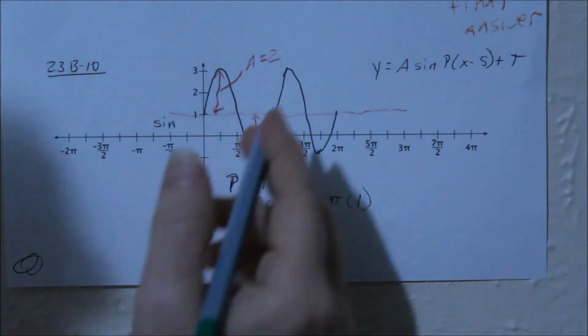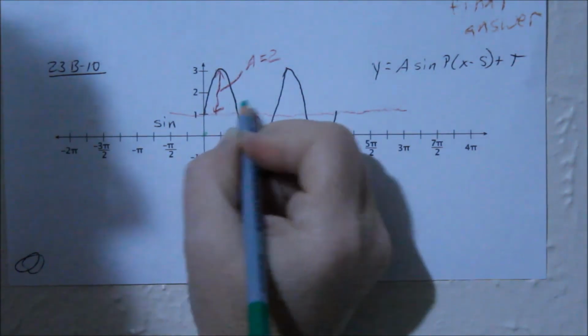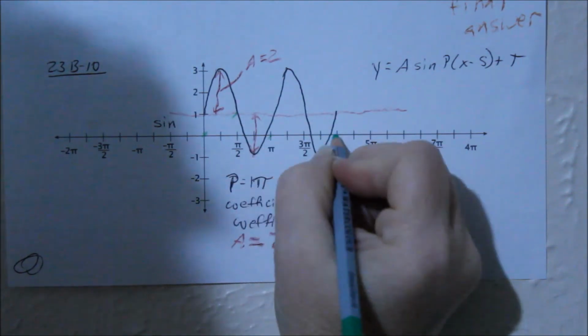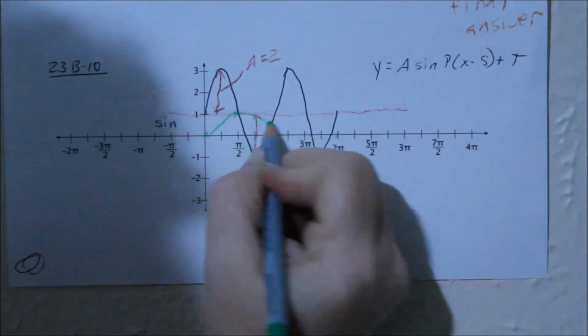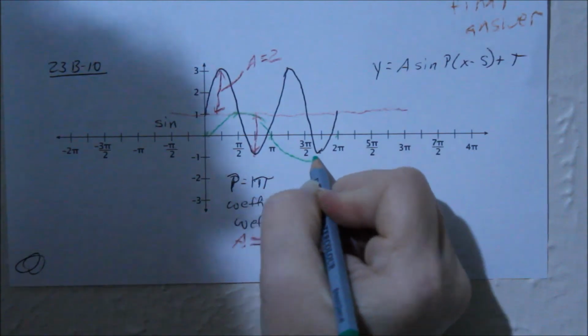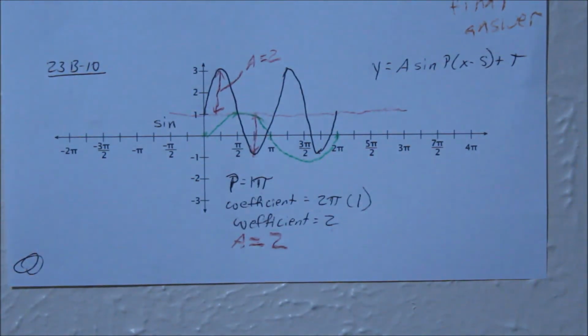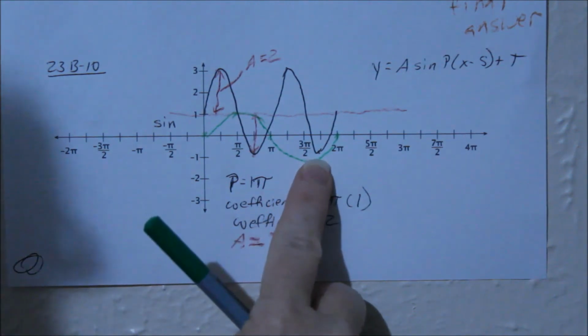So if we had basic sine, it would look like this. Okay, that's my basic sine. Now let's go through making these changes.